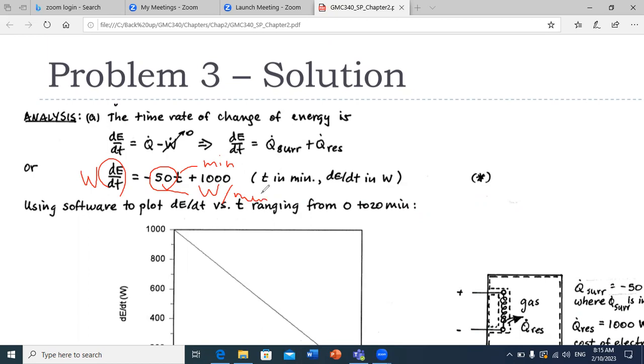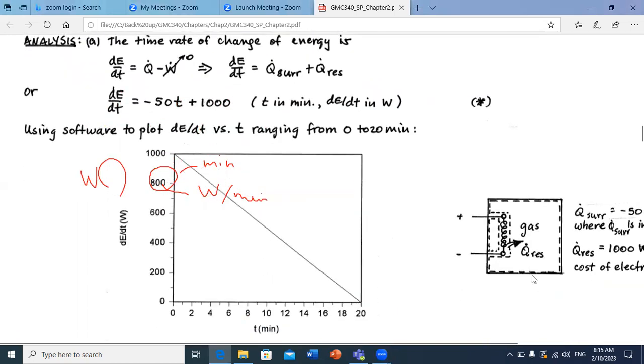Okay. So as we can see, the energy is decreasing in a linear way with time. And we can represent its variation graphically by just drawing the line. They asked here to represent the variation from 0 to 20 minutes. So all you have to do is to plot from 0 to 20 minutes the straight line.